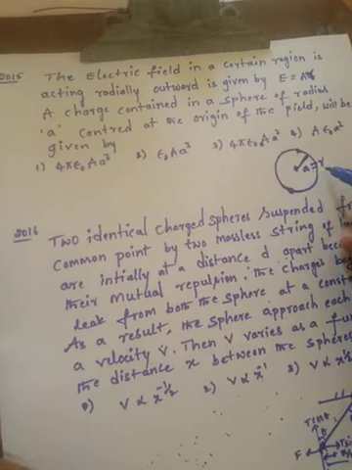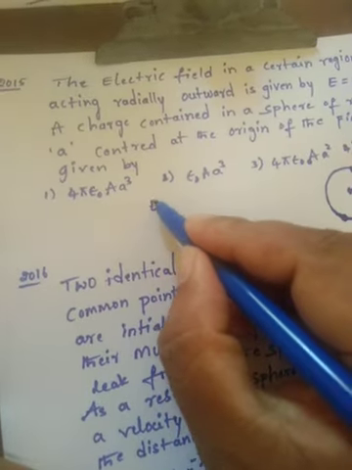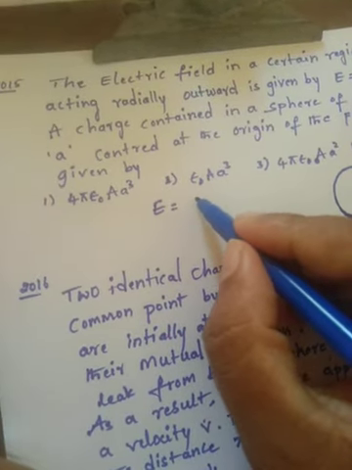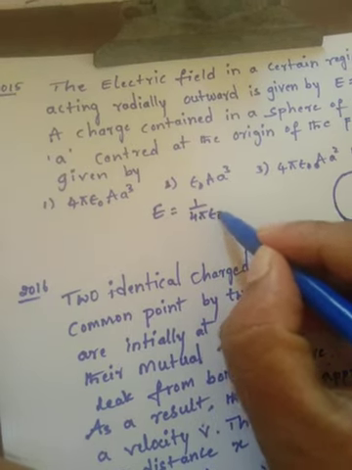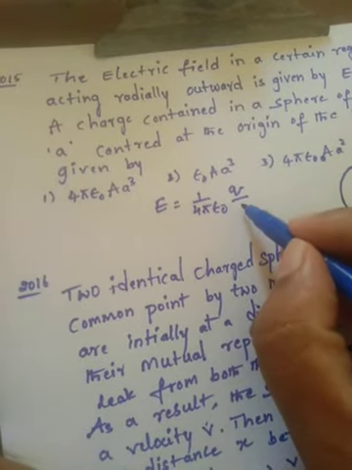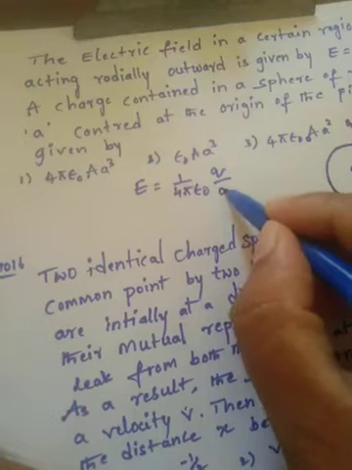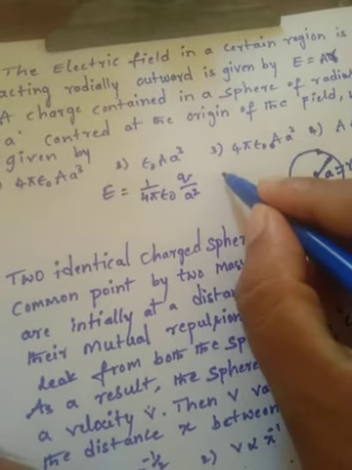When a becomes r, then the expression for electric field E is a simple formula we know: 1 by 4 pi epsilon 0 Q divided by a square.